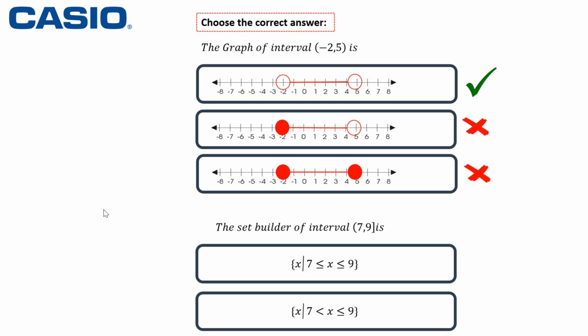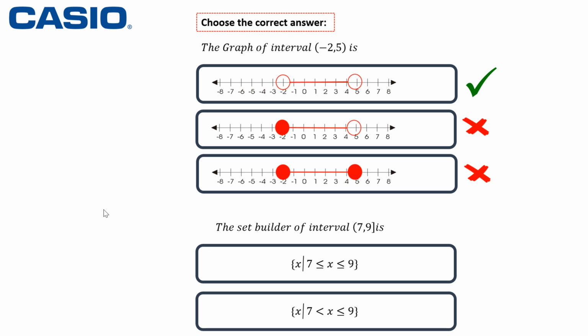Second question, the set builder of interval (7, 9] is. At first glance, we see that we have a parenthesis beside 7 and a bracket beside 9. Parenthesis means an open interval, which means 7 does not belong to the interval.